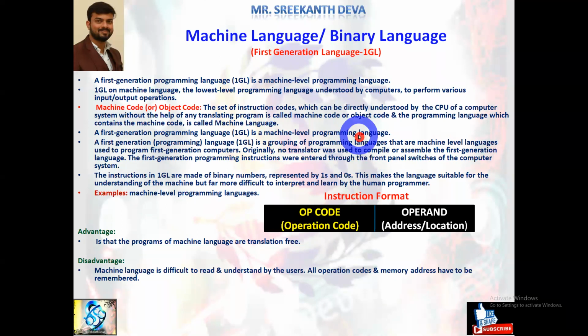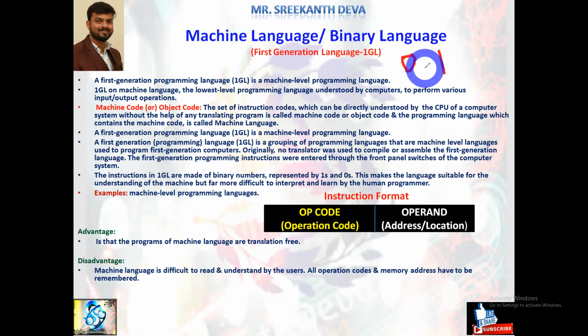Two symbols used to represent these two states, 0 and 1, are known as bits or binary digits. Just a moment, I try to write here. It supports only two symbols, 0 and 1. Here 0 represents the absence of a signal, and 1 represents the presence of a signal.